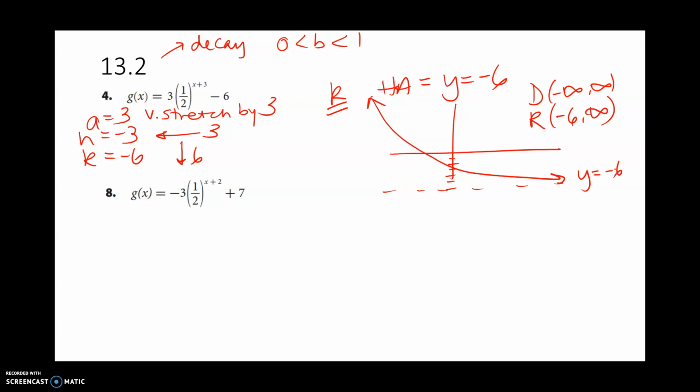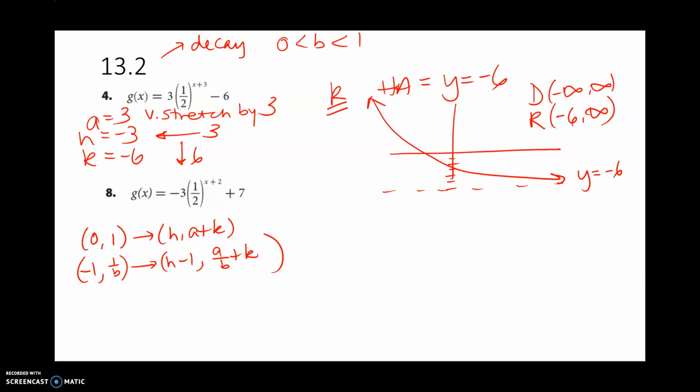Y equals -6. Now, number 8 says, graph the transformed function, describe the domain and range. So we're going to graph this function using the reference points. So the reference points for decay look like this. Right? They're slightly different. So you've got to know when you're doing decay what you're looking at.